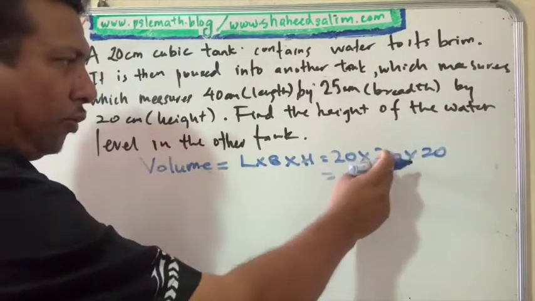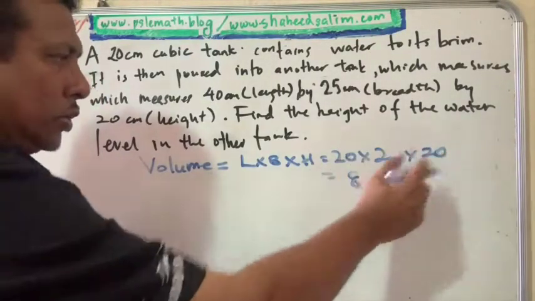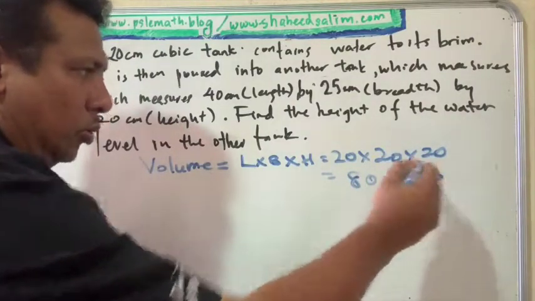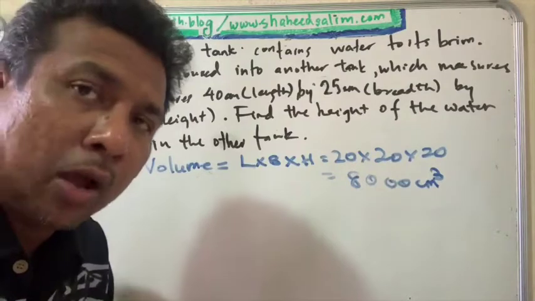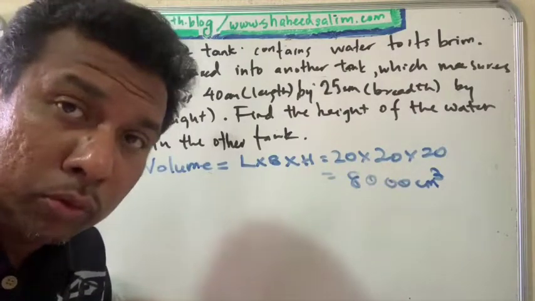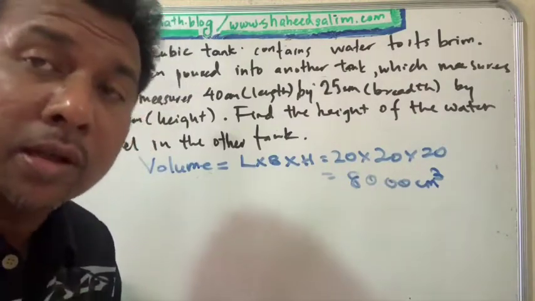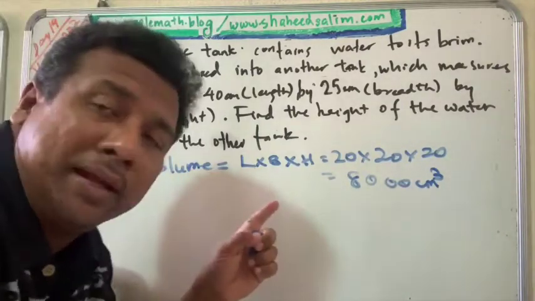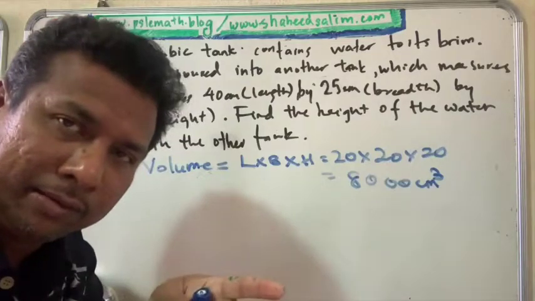There are 3 zeros here, so it is 8,000 cubic cm, and 8,000 cubic cm is equal to 8,000 milliliters, and therefore equal to 8 liters.